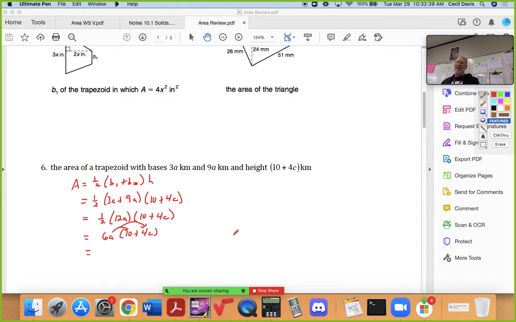Distribution? Yeah, this is the distributive property. You're going to use the distributive property pretty much every math class that you ever take. So that'll be 60a plus 24ac, and it's area, so the units are square kilometers.